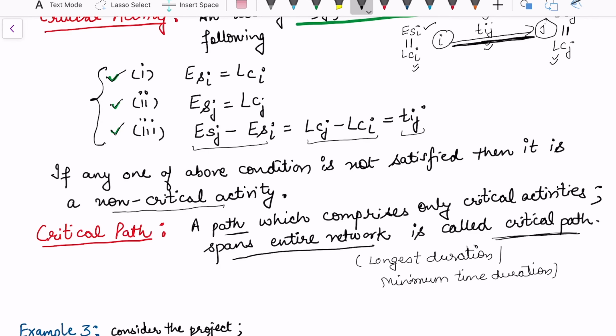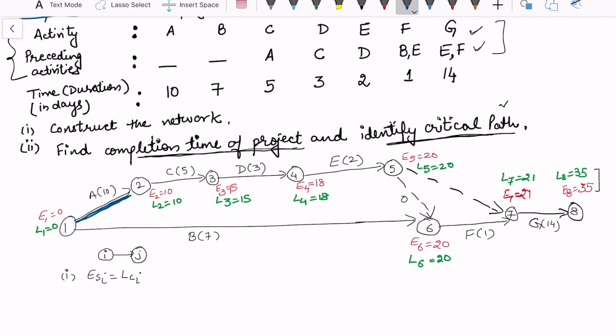Now let us look at the first condition. The first condition says earliest of the ith node should be equal to latest of the ith node for any particular activity i to j. Suppose we focus on this activity. Is this a critical activity? We see both earliest and latest are the same. Here 1 becomes the ith node and 2 becomes the jth node.